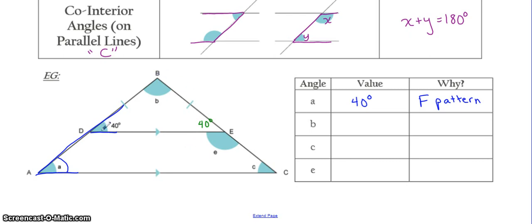So because the three angles in a triangle have to add up to 180, 40 plus 40 is 80, so that makes angle B equal to 100. So the reason why is the triangle sum.